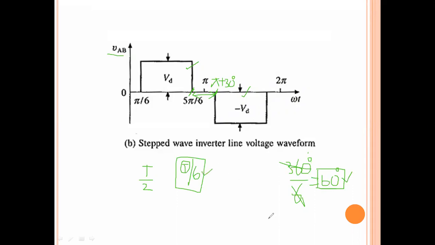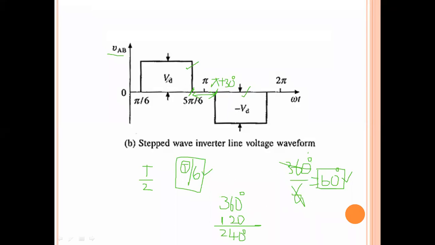According to it, 360 degrees will have two pulses. 60 plus 60 gives 120 degrees of gap between pulses, because a 60 degree gap is maintained between two square pulses.